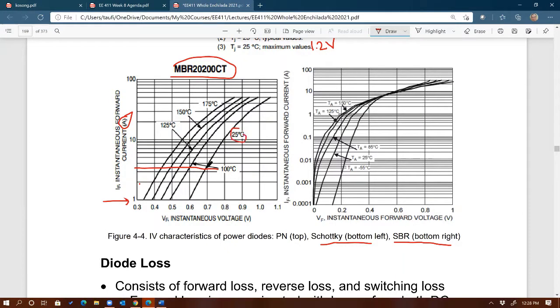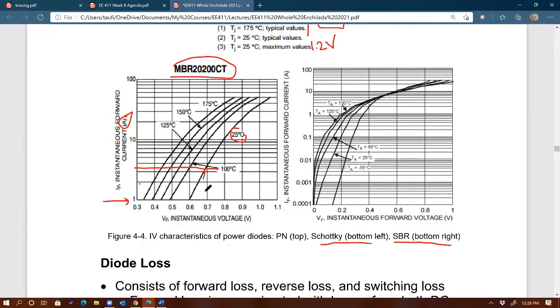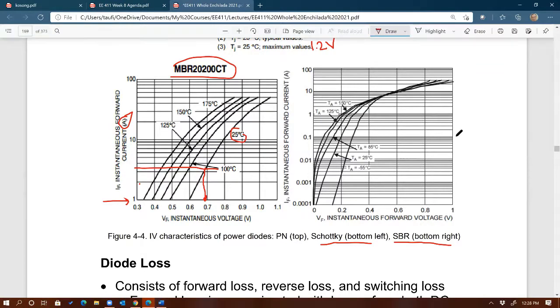That's going to give you a drop of less than 0.7 volts. So 10 times as much current, 3.5 amps, is only dropping around 0.7 volts, compared to the PN junction I showed earlier with a 1.2 volt drop at only 0.35 amps. That's a big difference in terms of power loss.